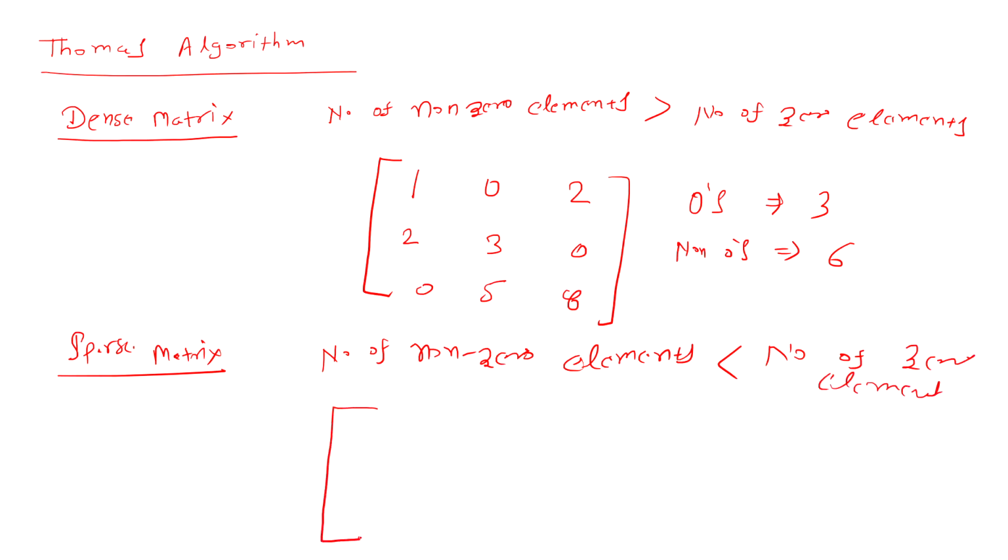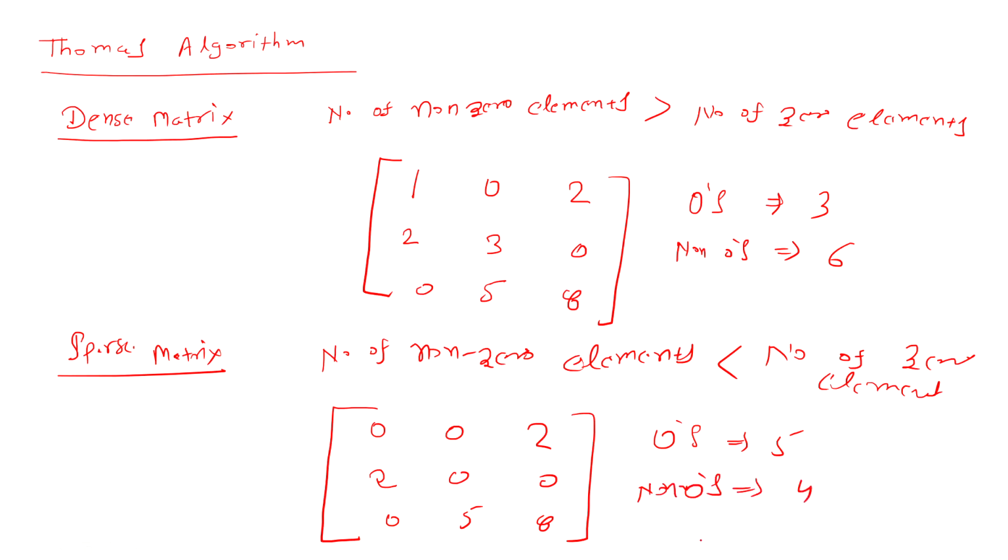So that means, let us say if this is the matrix 0 0 2, 2 0 0, 5 0 8, in this matrix there are 5 zeros and non-zeros are 4. So this matrix is sparse matrix.